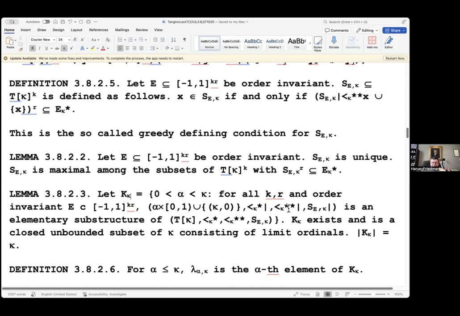We're going to take both these less thans in here, and we're also going to use S. Right? And this S is the greedy set.